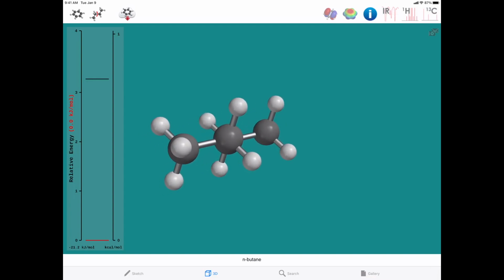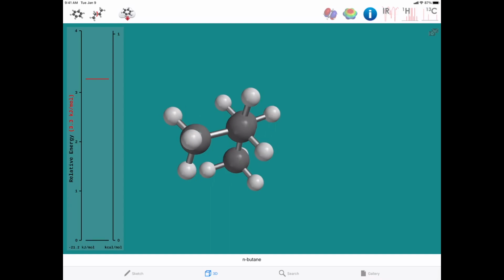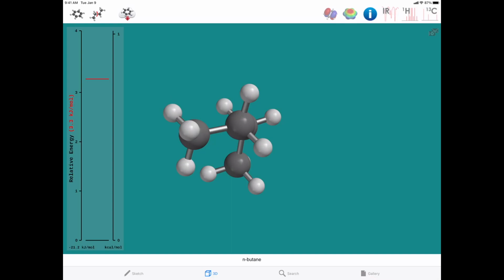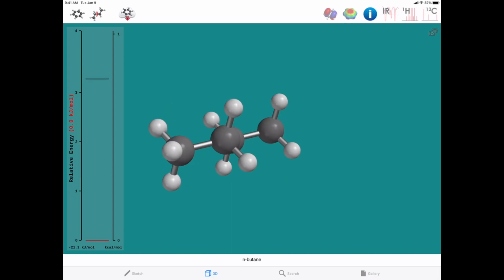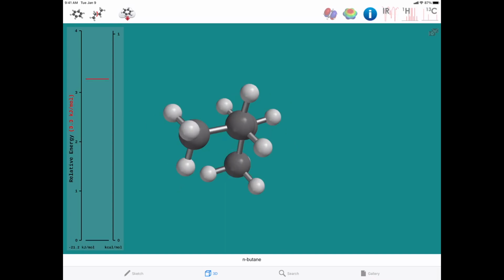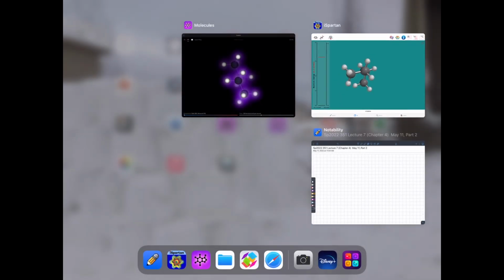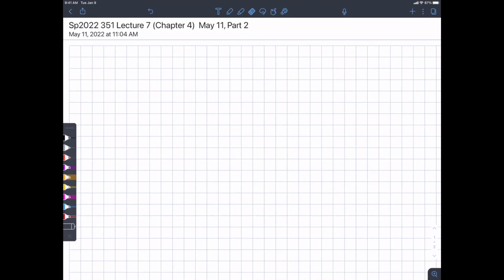And then about 3.5 kilocalories per mole higher is the gauche conformation. Both of those are energy minima, but one is lower than the other. Okay, so let's draw that in terms of a Newman projection.